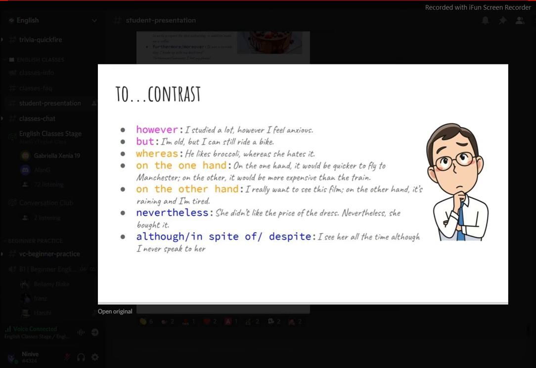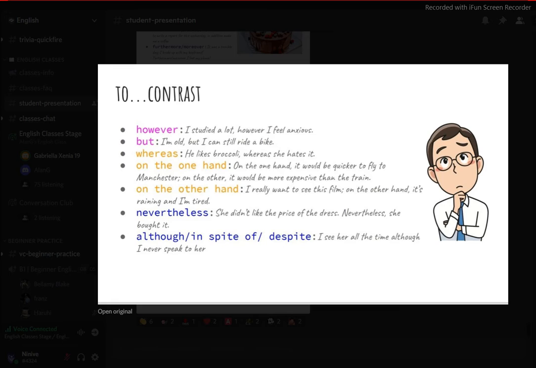Then we have on the one hand and on the other hand. In the first example, I used them both, so let's read that. On the one hand, it will be quicker to fly to Manchester. On the other, it would be more expensive than the train. So here we are discussing two ways of getting to Manchester.